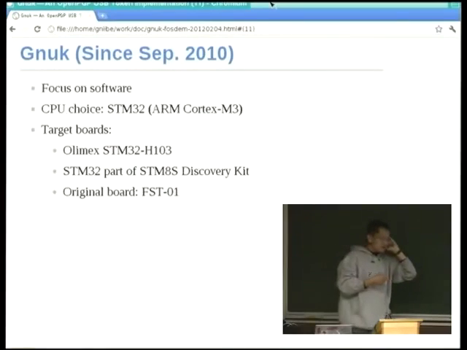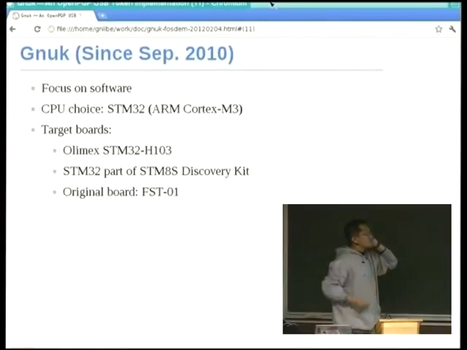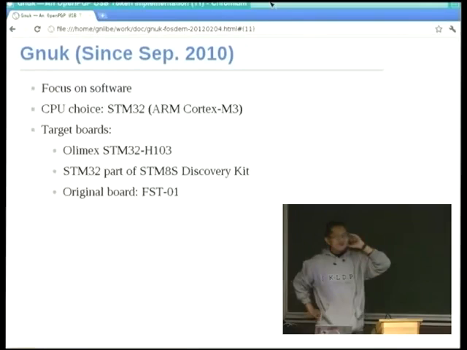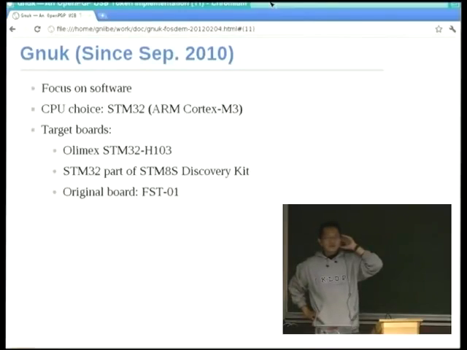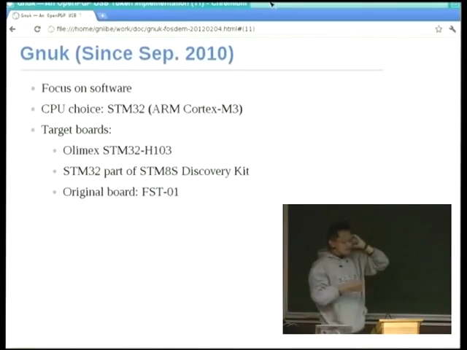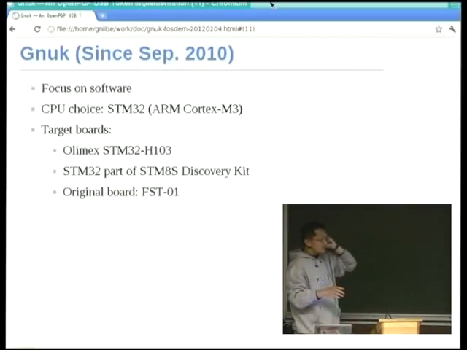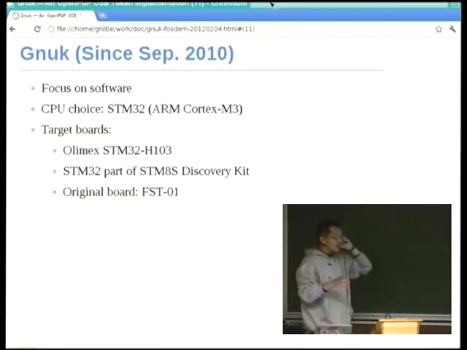For the second board, I should explain more. The STM8S Discovery Kit is a kind of educational kit. It is very cheap, less than $10 US. But its purpose, by STM, is education for the STM8S, an 8-bit chip. But we are very lucky that it has a gadget, a kind of dongle, to control the STM8S processor from a PC.